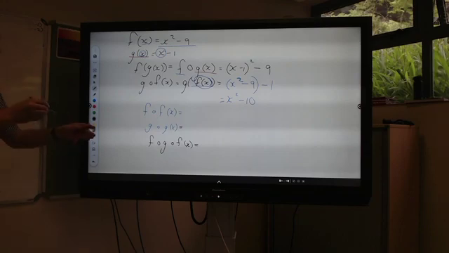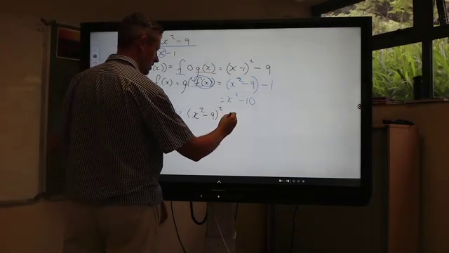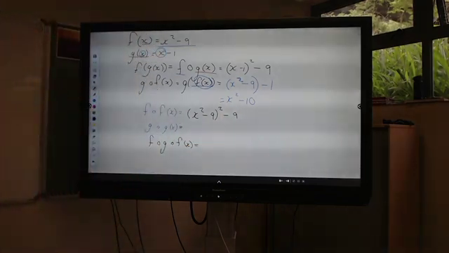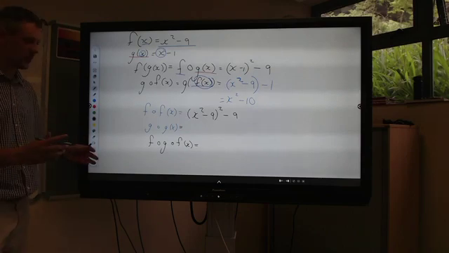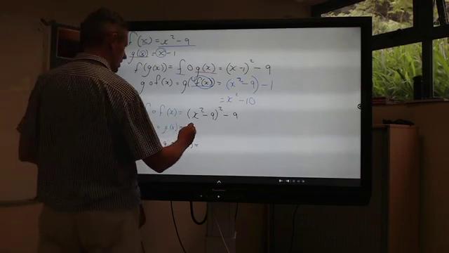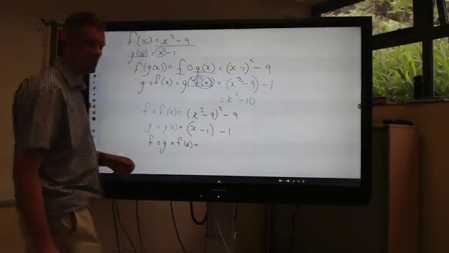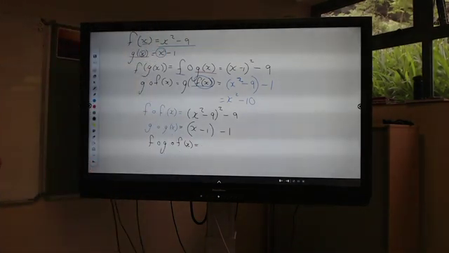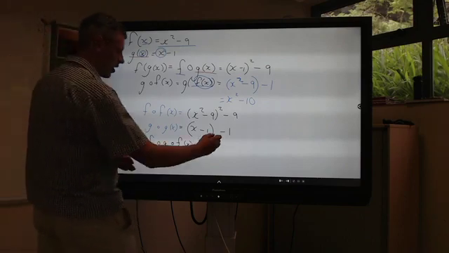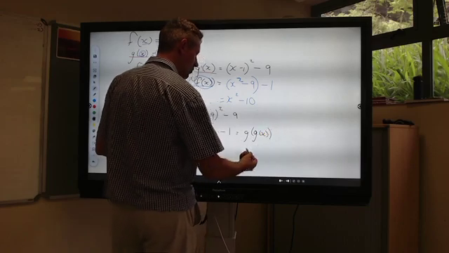So it's brackets x squared minus 9 squared minus 9. Okay, so it's literally just substituting f of x into f of x. And g circle g of x: x minus 1 minus 1. So x minus 1 minus 1. Okay? So literally going wherever there is an x, substitute g of x.